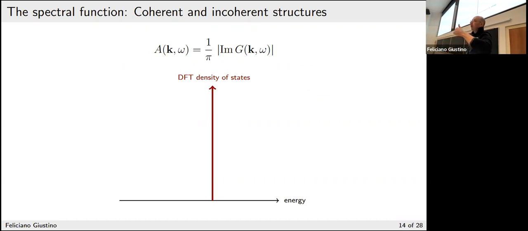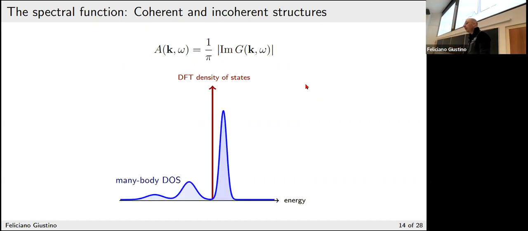Suppose now you switch on many body interaction. What is going to happen is basically this is going to be messed up a little bit, and usually it looks like the following. The sharp peak has become a slightly broadened peak. So this peak has moved. That's what people call in the literature the quasi-particle shift. The peak is also broader, and that's what people call the quasi-particle broadening.